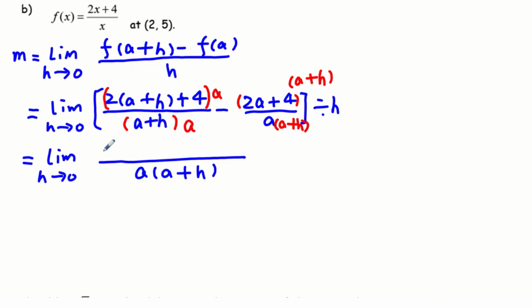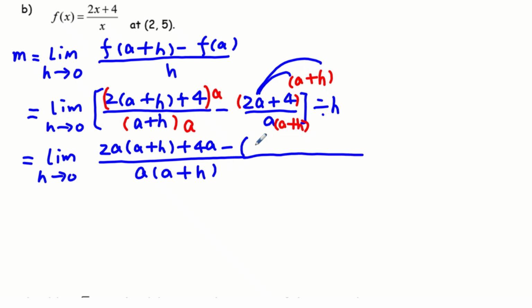So we multiply this one to each term. This one is 2a bracket a plus h. That is your first term for the first bracket, and plus 4 times a. Then minus 2a plus 4 times a plus h. We could use the first term times each term in the second bracket, and make sure you have the bracket there.